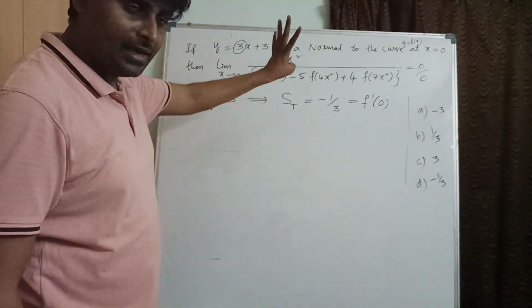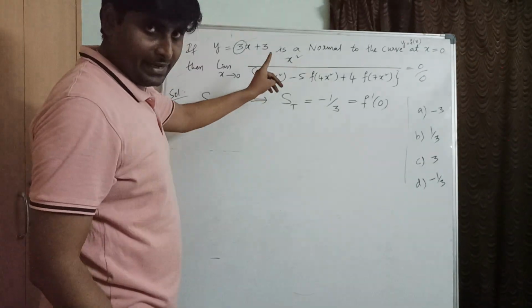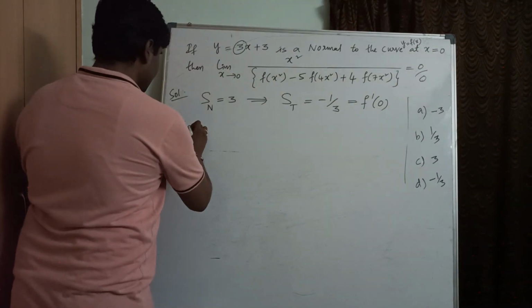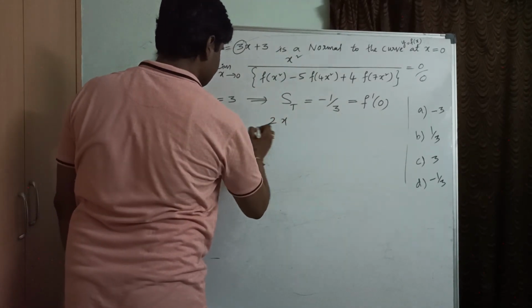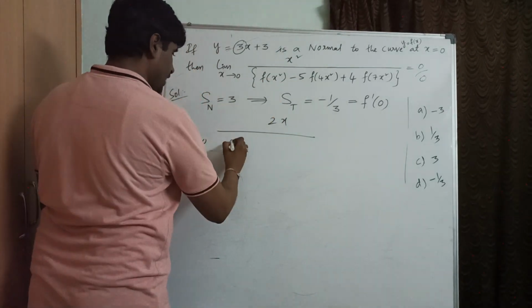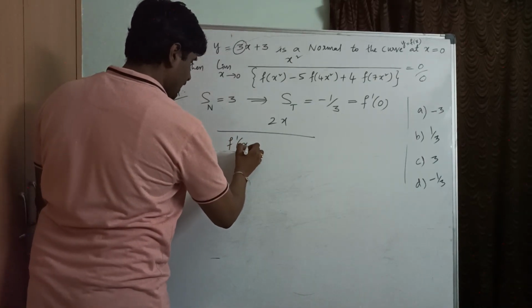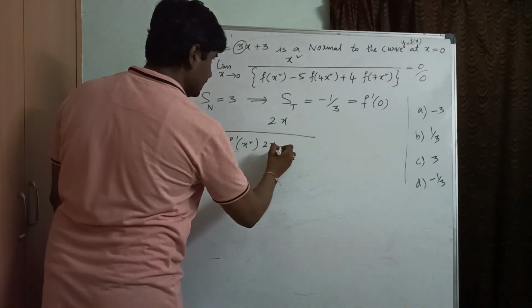Now let us apply L'Hôpital's rule. I am directly applying the rule for this. So limit x tends to 0, the derivative of x² is 2x, correct? Now f of x², f dash of x² into 2x, clear?